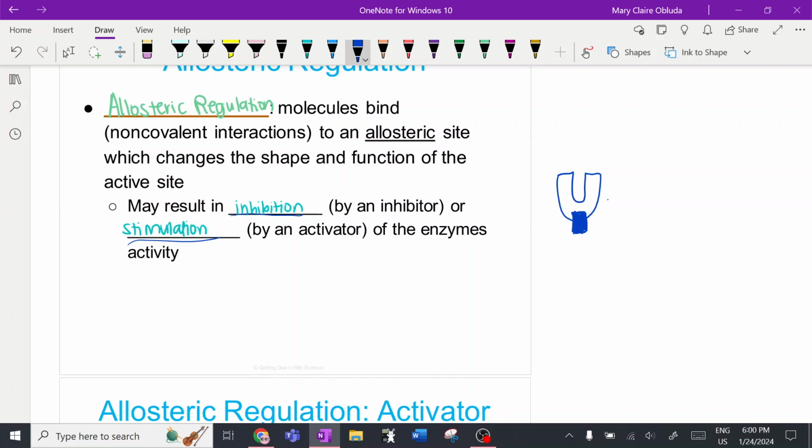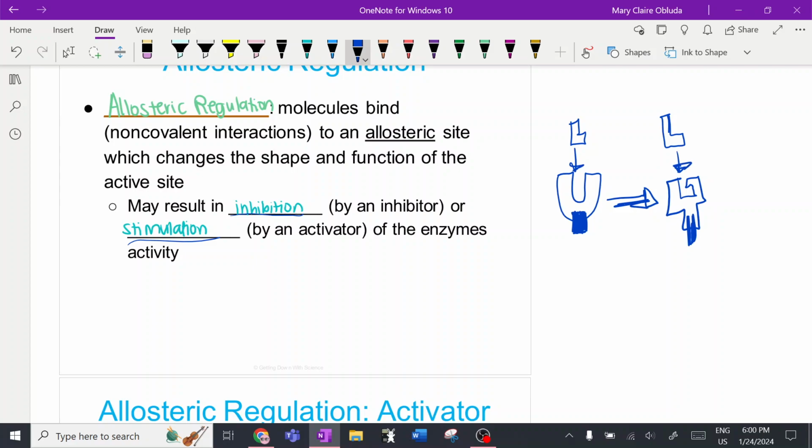It now changed the shape to be this, something funky. So now that it's bonded to that, it changed the shape, and that's exactly the shape that the substrate would be. See, before this wouldn't fit, and now it does. So now the enzyme is open.